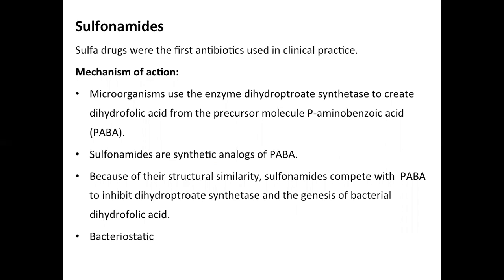Regarding their mechanism of action, we can say that microorganisms use the enzyme dihydropteroate synthetase to synthesize dihydrofolic acid from the precursor molecule para-aminobenzoic acid. So sulfonamides are synthetic analogs of this PABA, para-aminobenzoic acid.